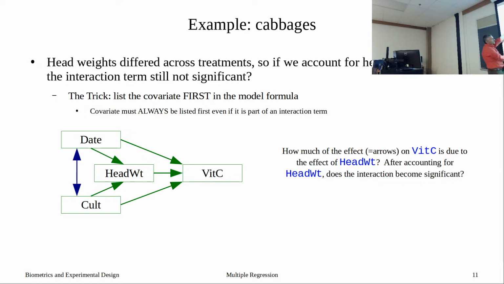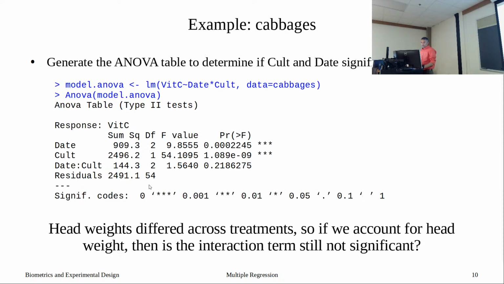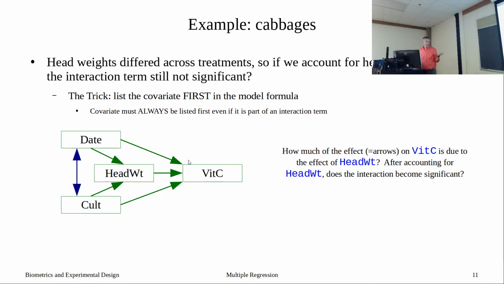We just looked at date, cultivar, and vitamin C, and we may have had an interaction effect. So we checked for the interaction effect first. All right, and we simplify our model, and if we did it just like this, date times cultivar, that interaction effect is not significant. We drop it from our model, and it ends up being just the main effects, just date and cultivar. But we also measured head weight.